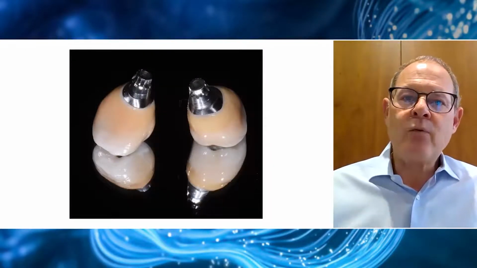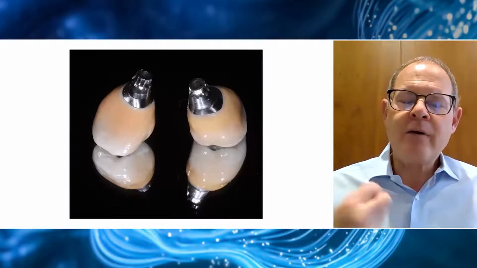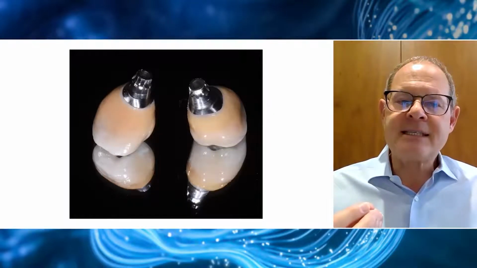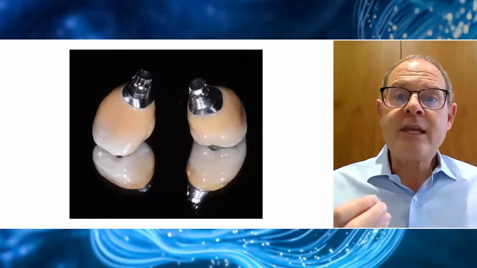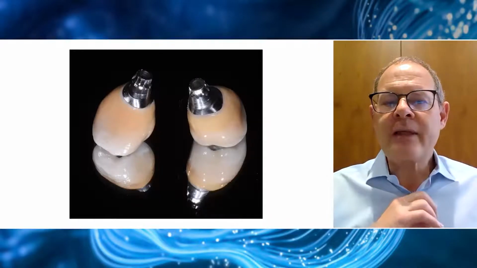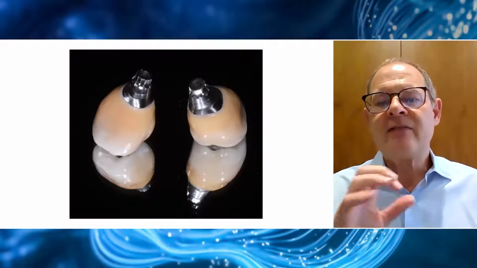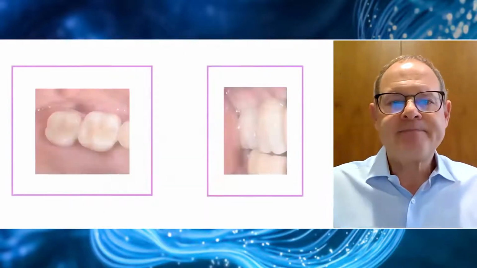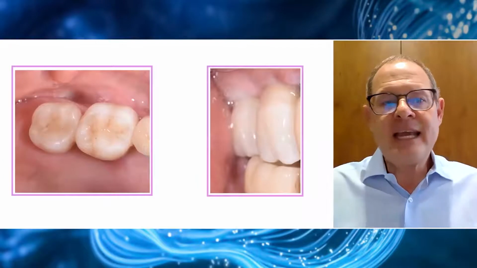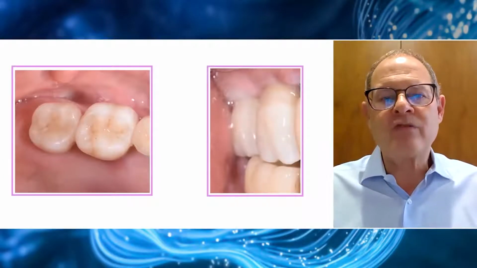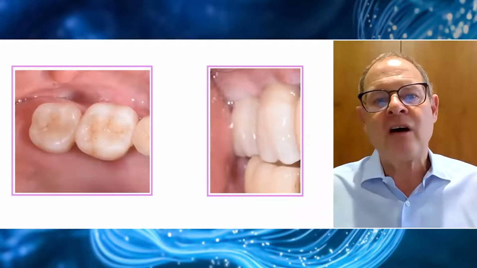And certainly with a group of colleagues in Italy, we've published a couple of studies now, up to 4 years in function, where we're showing the most incredible biological and mechanical stability for these Atlantis abutments. And here you see in the mouth, it's almost impossible to see where the screw access holes are.